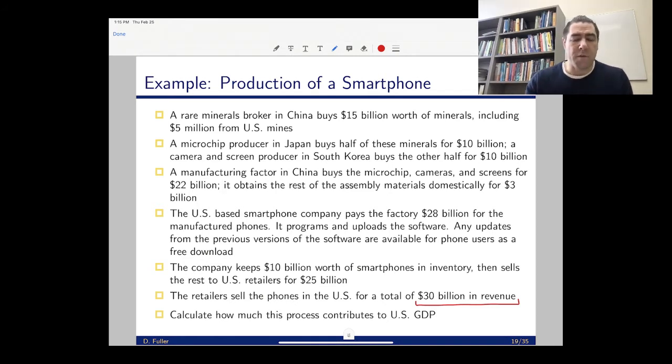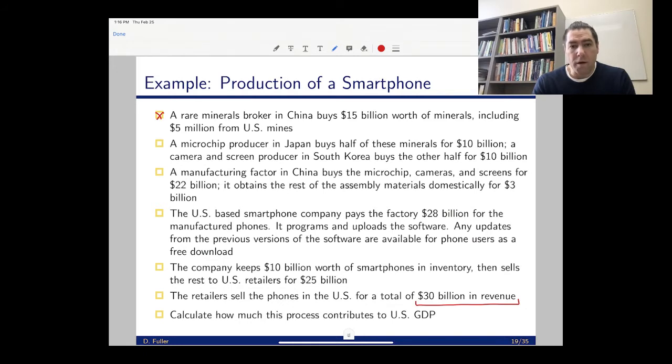So we start at the beginning of the process up here. A rare minerals broker in China buys $15 billion worth of minerals, including $5 million of minerals from U.S. mines. So the mineral is going to be part of what goes into producing, let's say, the camera or the screen for the smartphone.